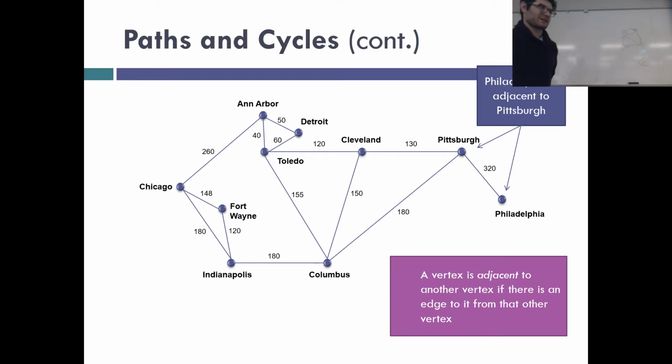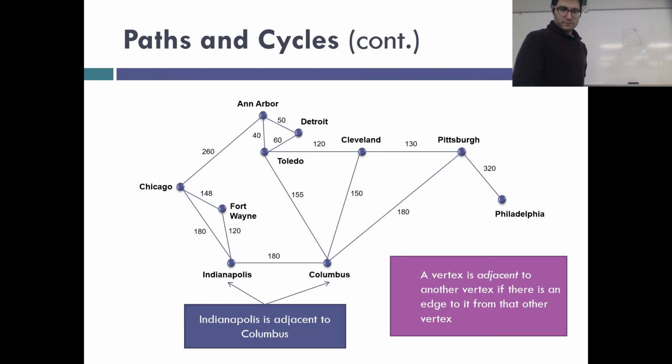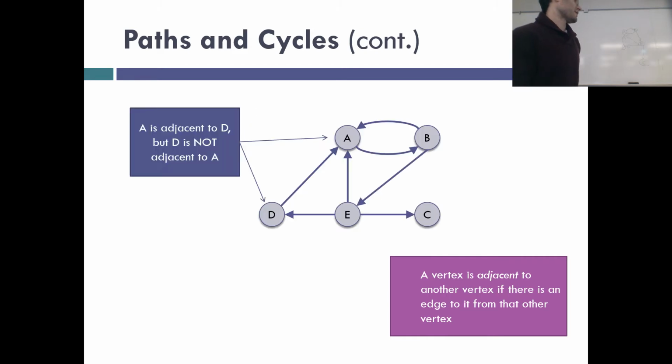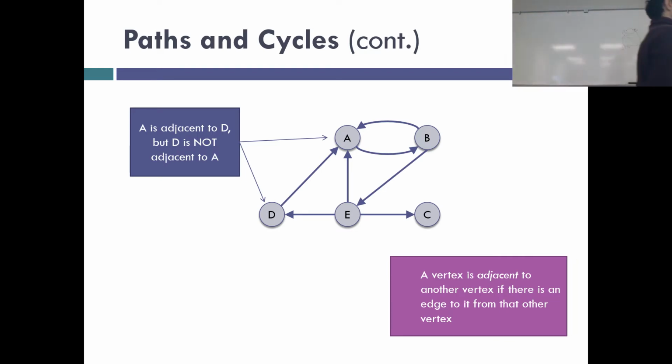But in this definition, because Harrisburg isn't listed on there, we're just concerned with Pittsburgh and Philadelphia. They're adjacent there. Indianapolis is adjacent to Columbus. In this one, A is adjacent to D because you can get to A from D. But D is not adjacent to A because you can't get to D from A.